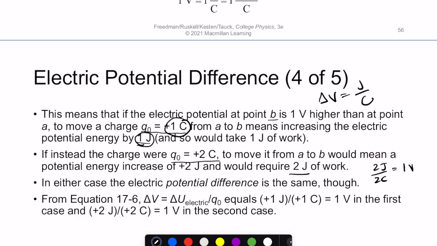So that allows you to use this quantity of 1 volt to talk about any particular charge, not just 1 coulomb, but 0.5 coulombs, 0.7 coulombs, okay? So a 0.7 coulomb charged particle would require 0.7 joules of work to move it through a potential difference of 1 volt.